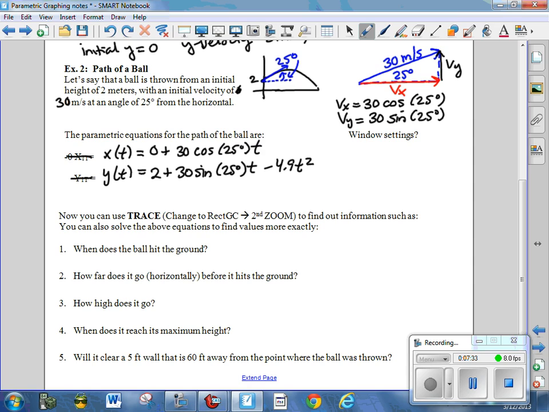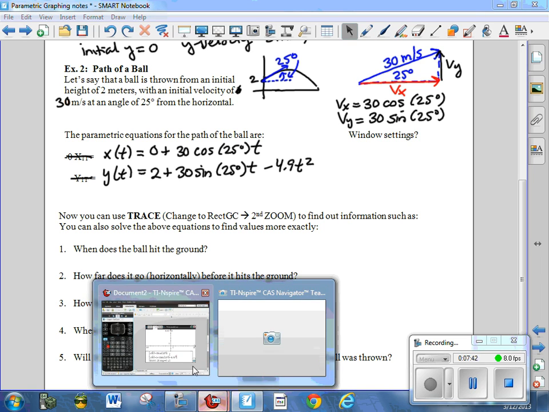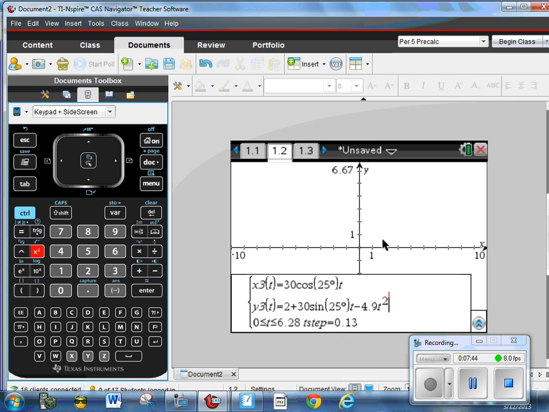Now I can graph these two on my calculator and see what they look like. So if I go to my calculator, I already have the parametric equations typed in to save a little time. The only thing I need to tell you is that when we're in radian mode, which we still are, I can go ahead and use degrees as long as I type in the degree symbol.